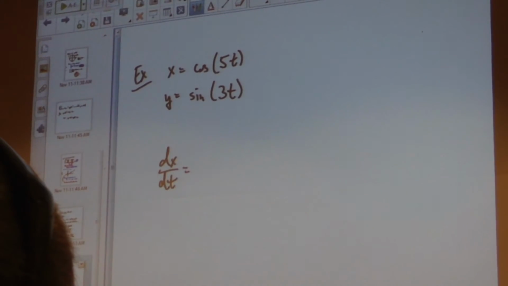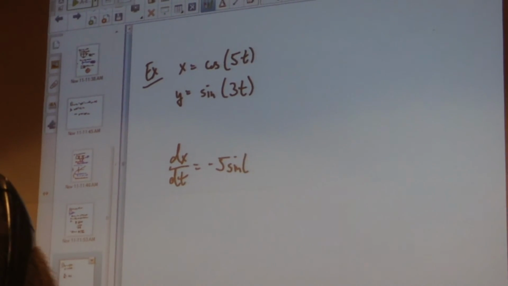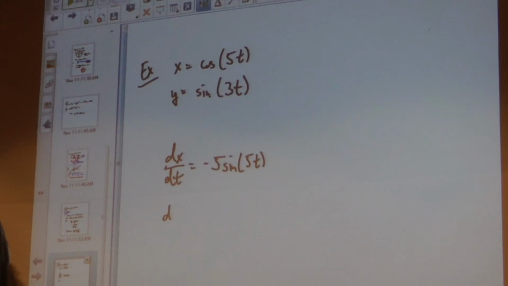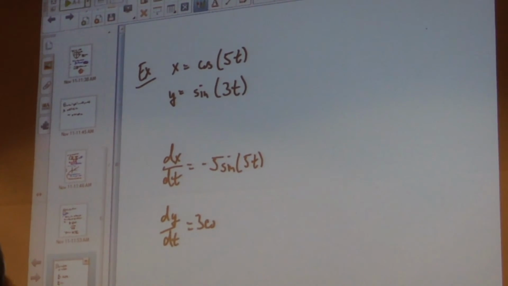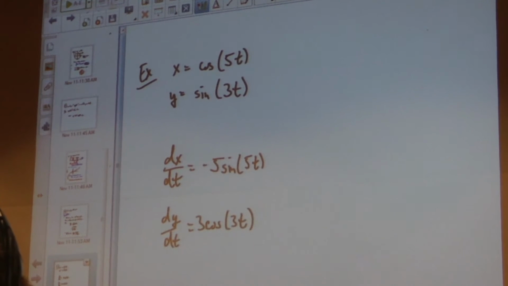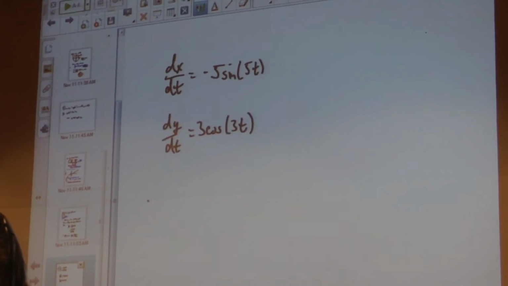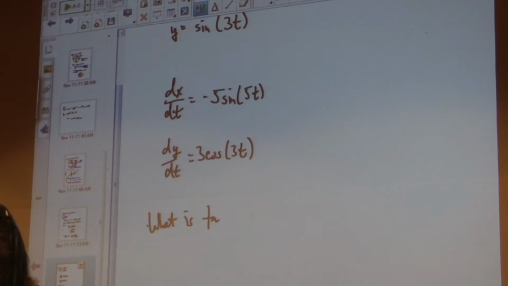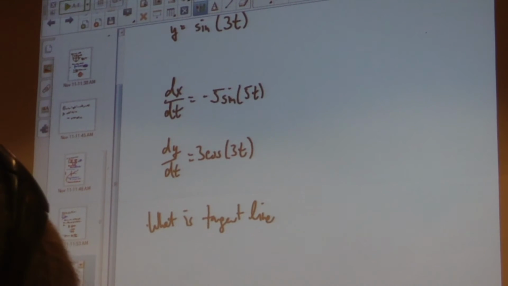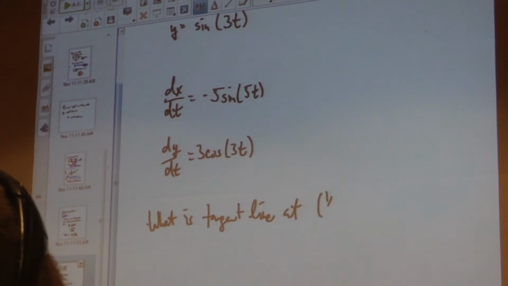dx/dt, which is simple, is negative 5 sine 5t. We're going to need dy/dt, which is 3 cosine 3t. And let's say I want to know what is the tangent line at some nice point that works out nicely.